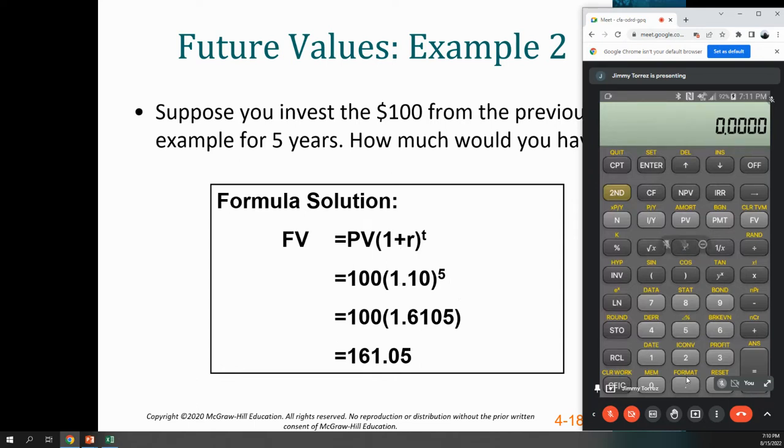So I have 1.1 to the fifth power, this is 5 years. To get that, I'm going to hit y to the x, and I'm going to hit 5, and then I'm going to hit equal, and that gives me 6.105.